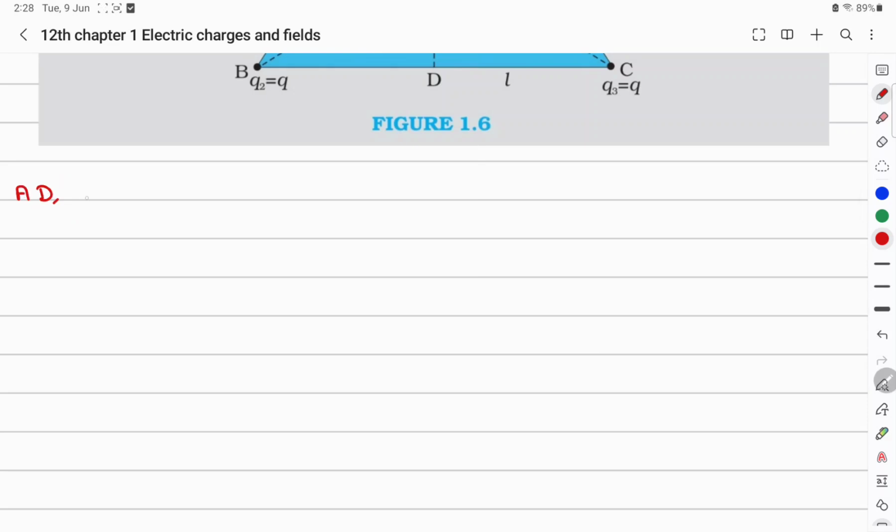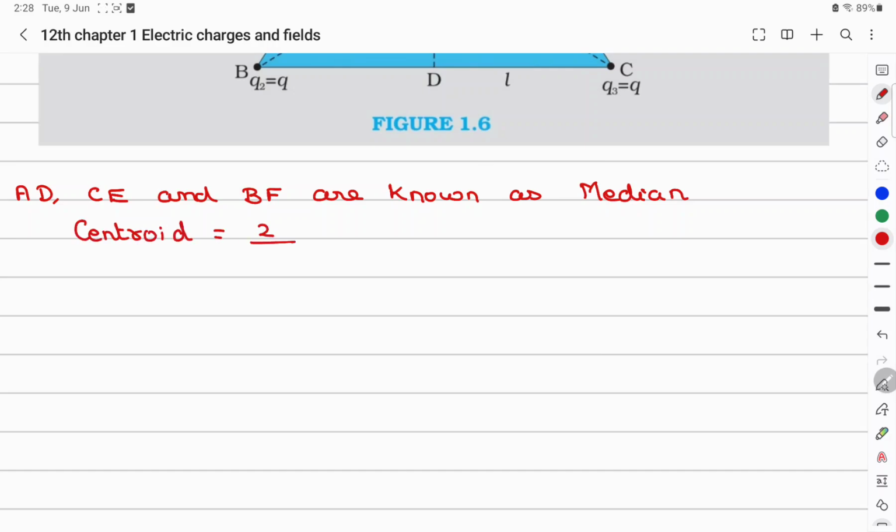So AD, CE and BF are known as medians. So the centroid is equal to 2/3 of the distance of each median.